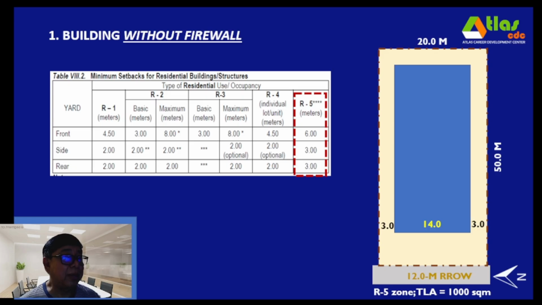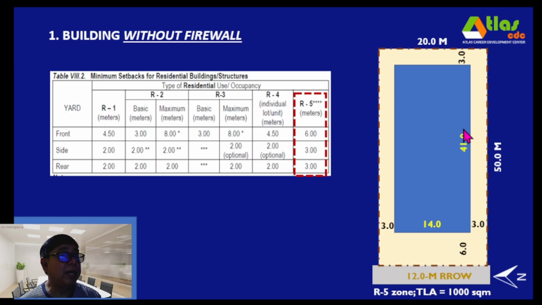For example, we have 20 meters wide frontage. Ibawas natin yung 3 meters at both sides. We will get the maximum width of the building at 14 meters. Tapos itong 50 meters na depth, ibawas natin yung front setback minimum na 6 saka 3 meters sa likod.